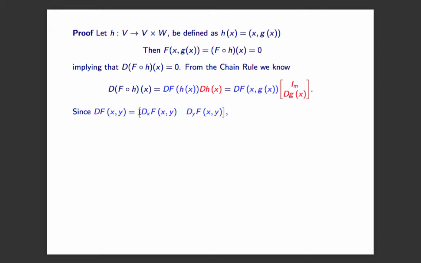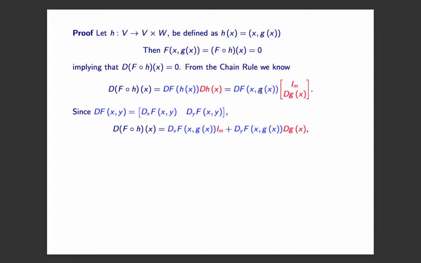So I get what looks like a block, almost kind of a multidimensional gradient transpose. I get the derivative of f with respect to the first entries, and then the derivative of f with respect to the second entries. That means I can take this term and expand it into this and this term.